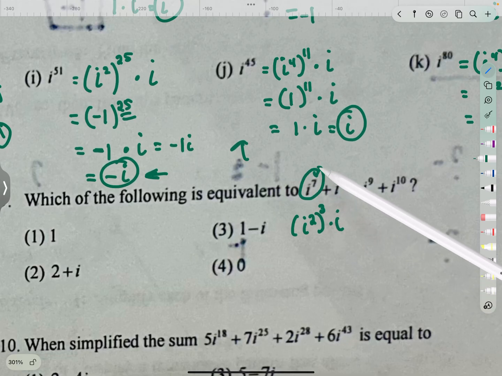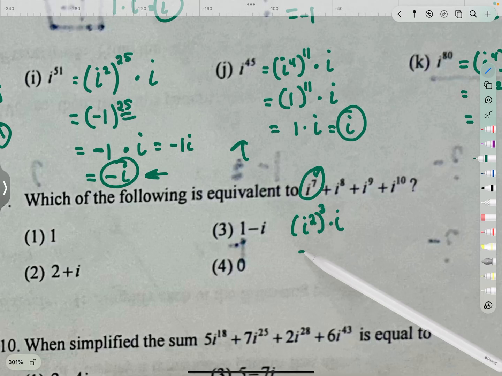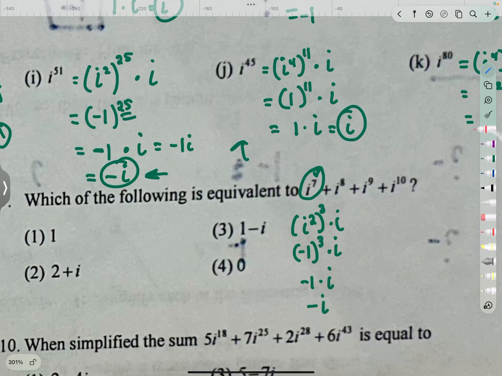So these two multiplied together give me i to the 6th times another i would be i to the 7th. I'm going to simplify what i to the 7th is. i squared is negative 1, then it's cubed times the i. Negative 1 cubed is negative 1 times the i. So negative i, that's what i to the 7th is.